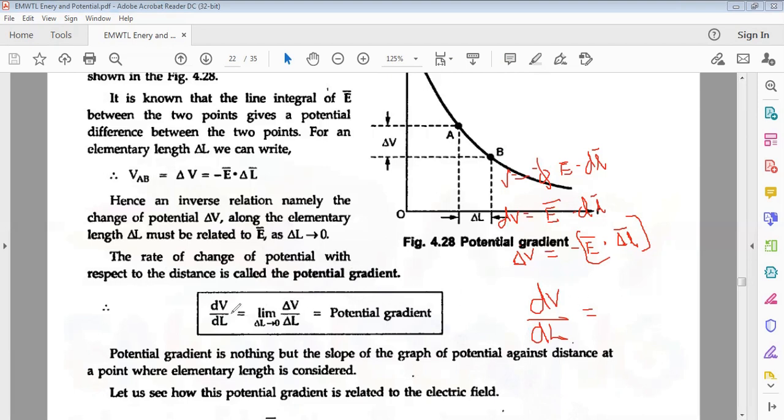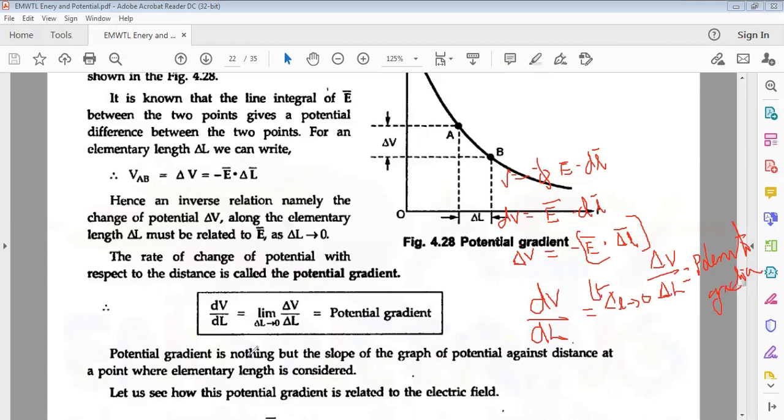We can write this as the change of the potential with respect to the distance dl, or the length. In terms of the elementary length, limit delta L tends to 0, delta V by delta L is equal to the potential gradient. Got it?